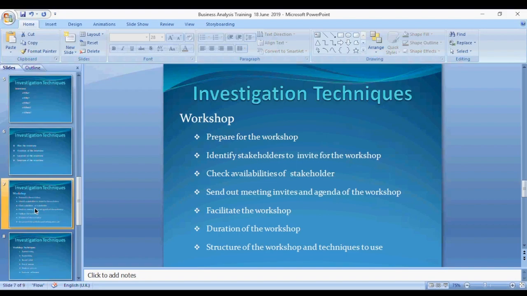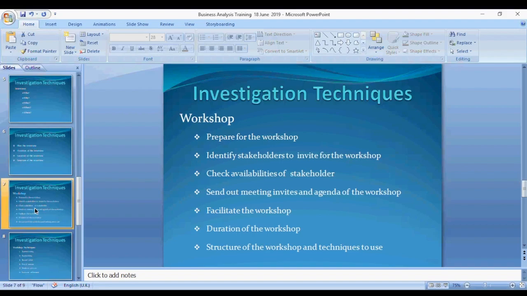I know you've already identified your stakeholders. You need to prepare for your workshop. Make sure you get a venue that you need to use before you even send out your meeting invite.